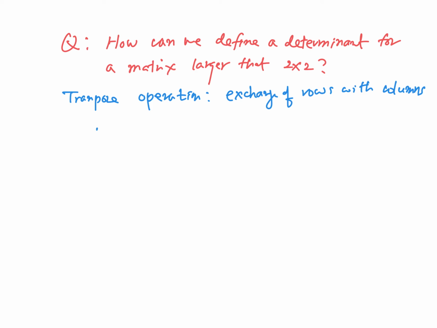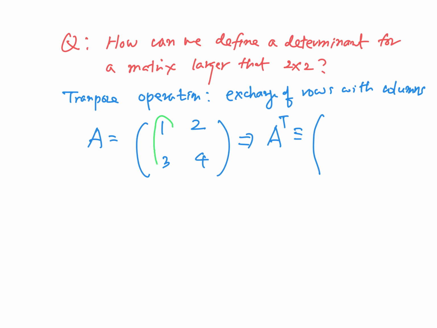For example, if A is 1, 2, 3, 4, transpose is defined as the first column becomes first row.